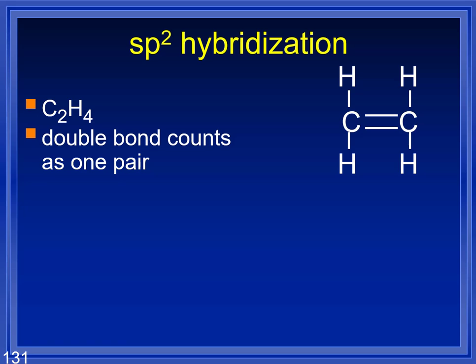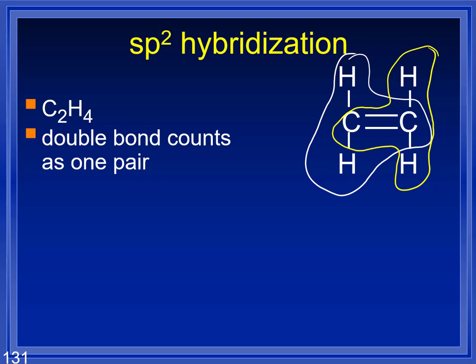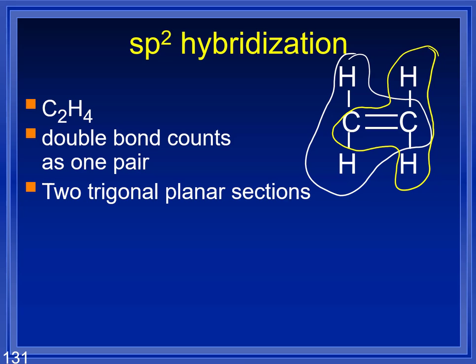So if I look at the shape of this part right here, it is trigonal-planar. This part right here, trigonal-planar. So I got 2 trigonal-planar sections hooked to each other.